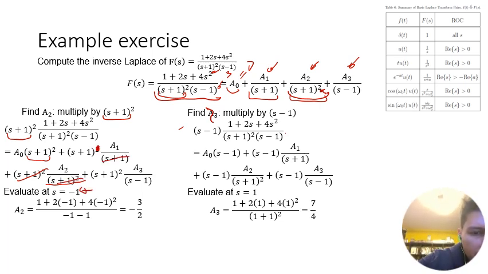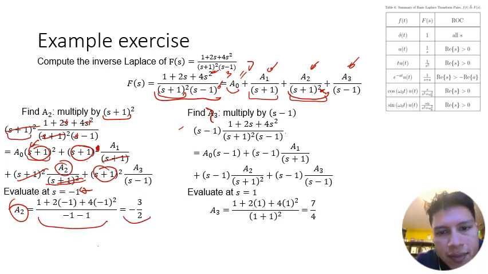And then when we evaluate at negative 1, this will become 0, this will become 0, and this will become 0. So we're only left with a2. And on the left-hand side, we just need to plug in negative 1. Oh, sorry, these cancel too. And then when we do that, we're going to get negative 3/2. So now we found a2, which is negative 3 over 2.